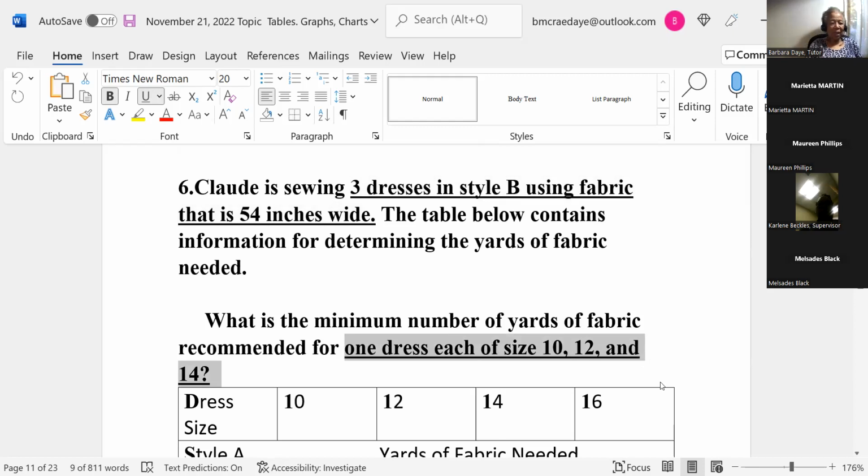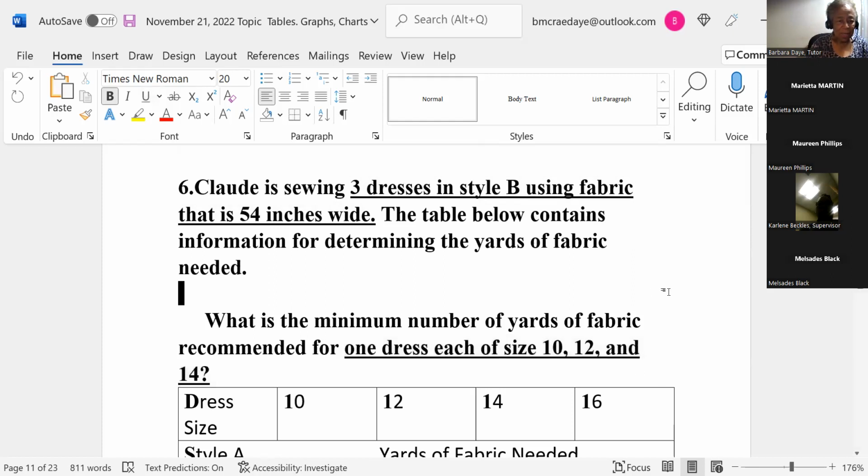First of all, you only need to look at style B. You don't need to look at style A. And you only need to look at the 54-inch wide fabric, right? And you need to look at the dress sizes 10, 12, and 14, even though the table has 10, 12, 14, and 16. You got it?